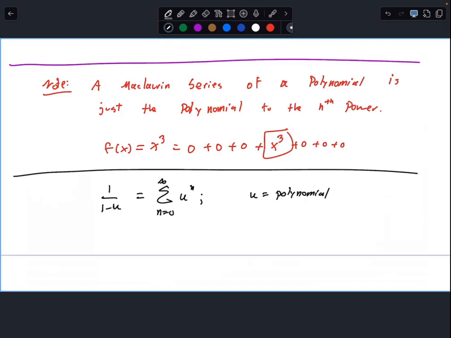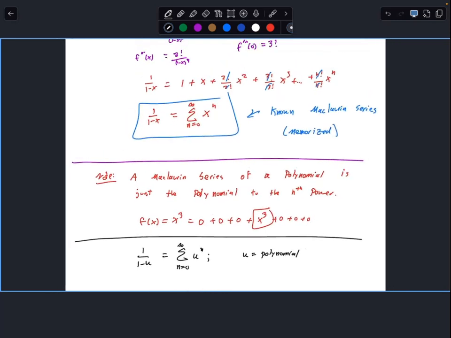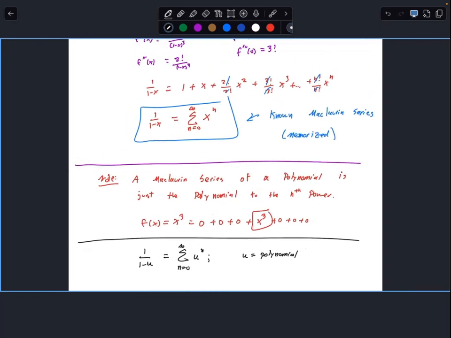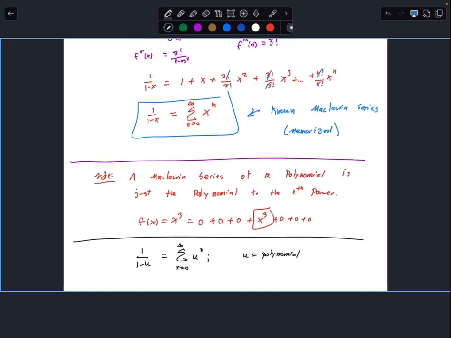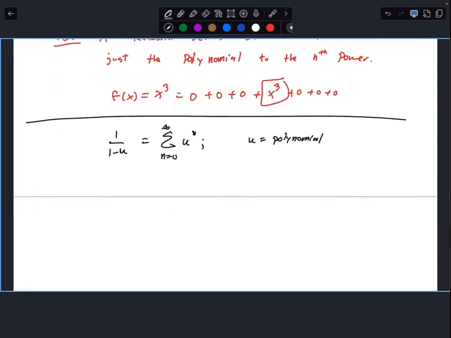I like to write it in terms of u, but both of these two things now allow us to do this, knowing that 1 over 1 minus x is just the summation of x to the n. So let's do an example of how we can manipulate.